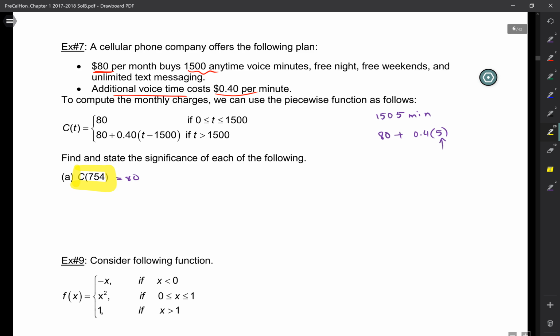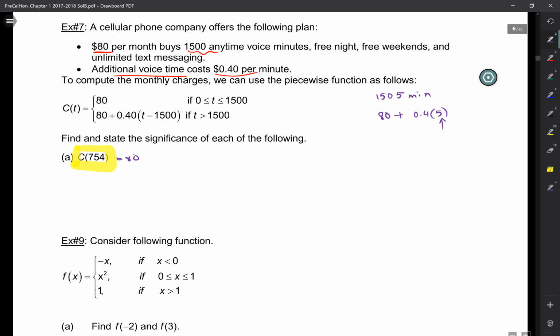What is the significance? When it says state the significance, it means, what does C(754) mean? The cost of talking for 754. So it's the total cost if you spoke for 754 minutes.